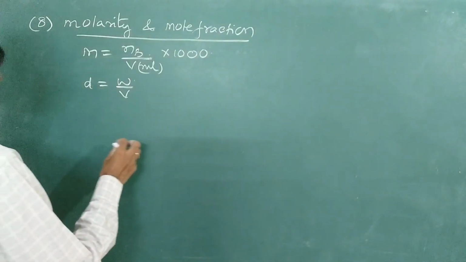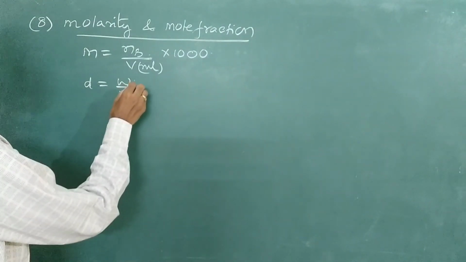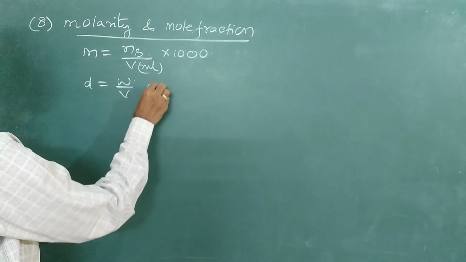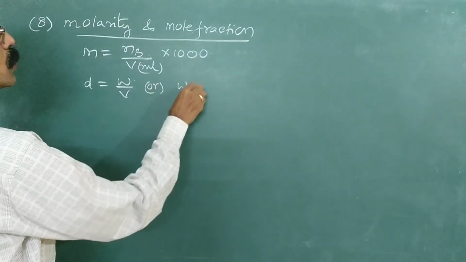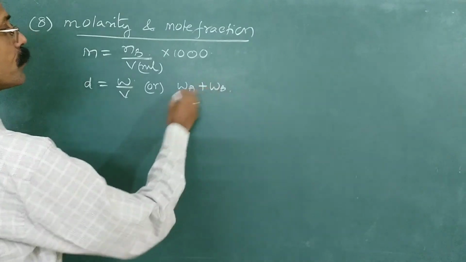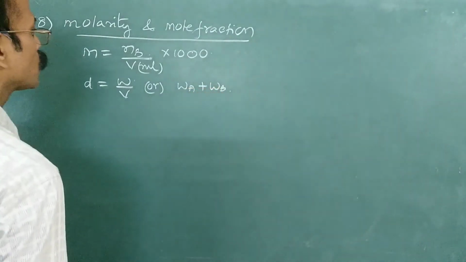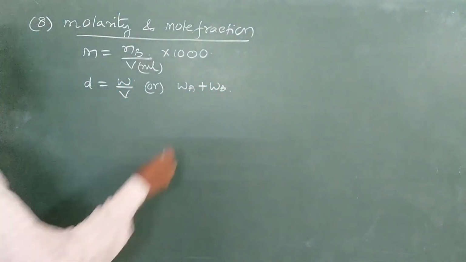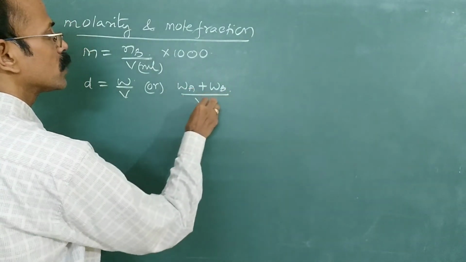For the mass of solution you can write the mass of solute plus the mass of solvent. So density is equal to the mass of solvent plus the mass of solute, that is the mass of solution, divided by the volume of the solution.